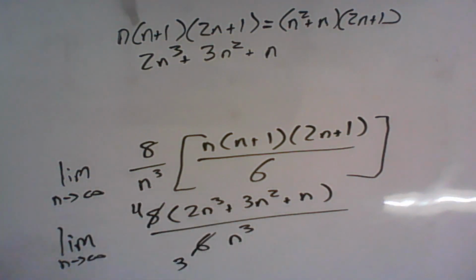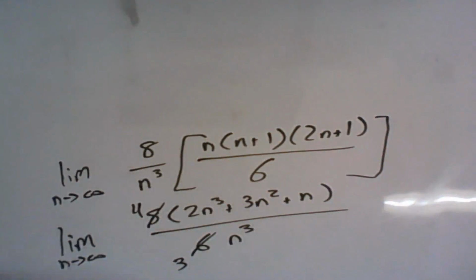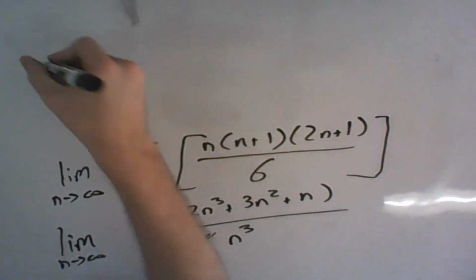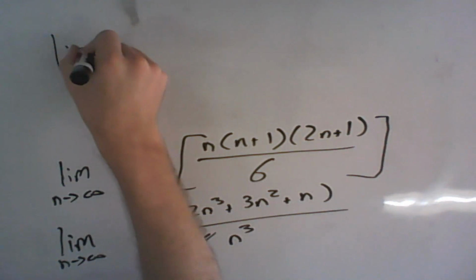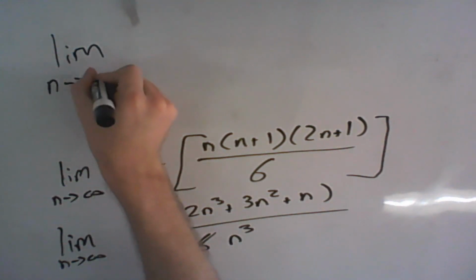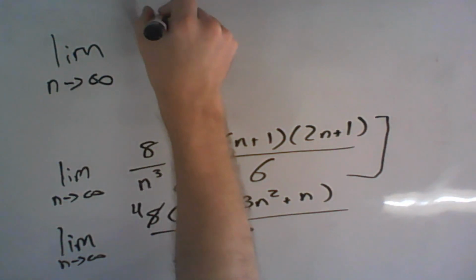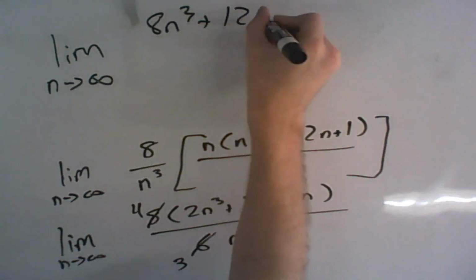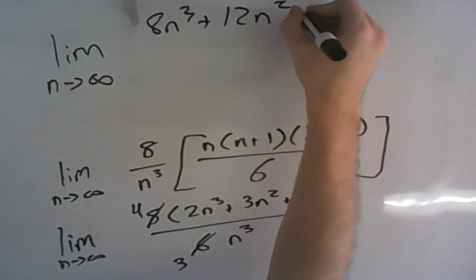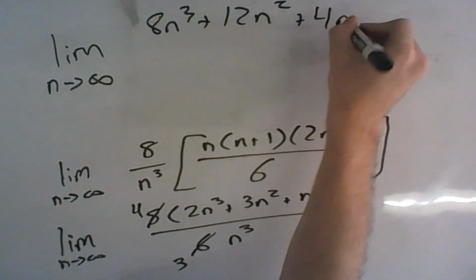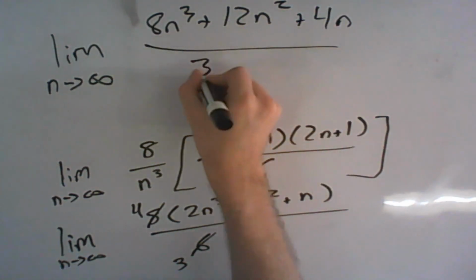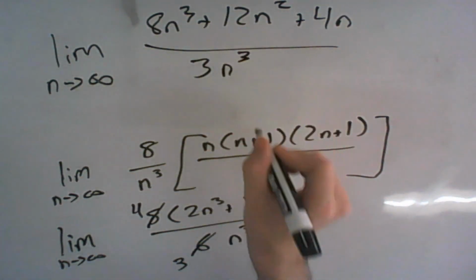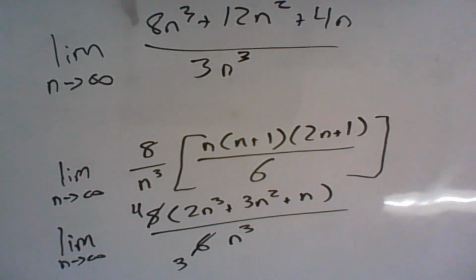So now we can distribute. We get the limit as n approaches infinity of 8n cubed plus 12n squared plus 4n over 3n cubed. Okay, question.